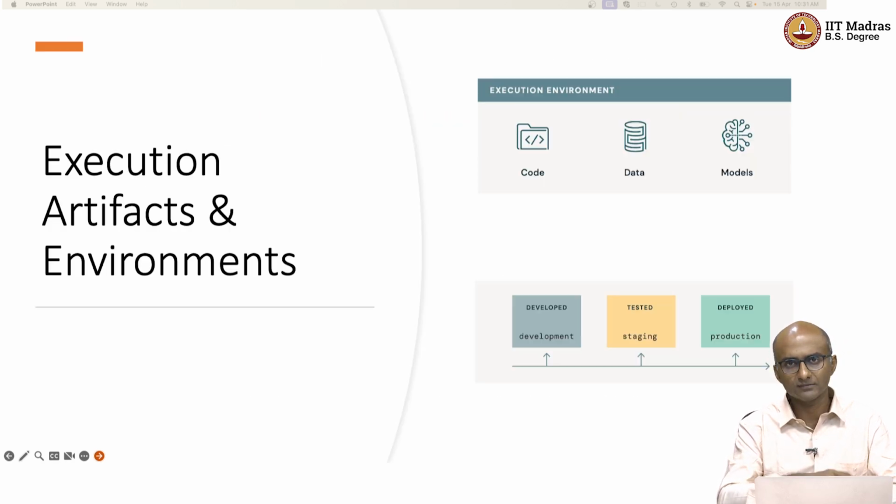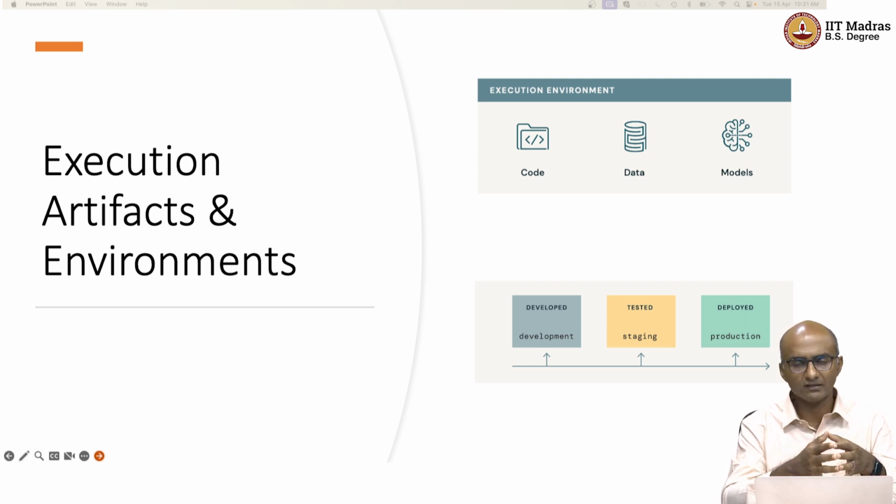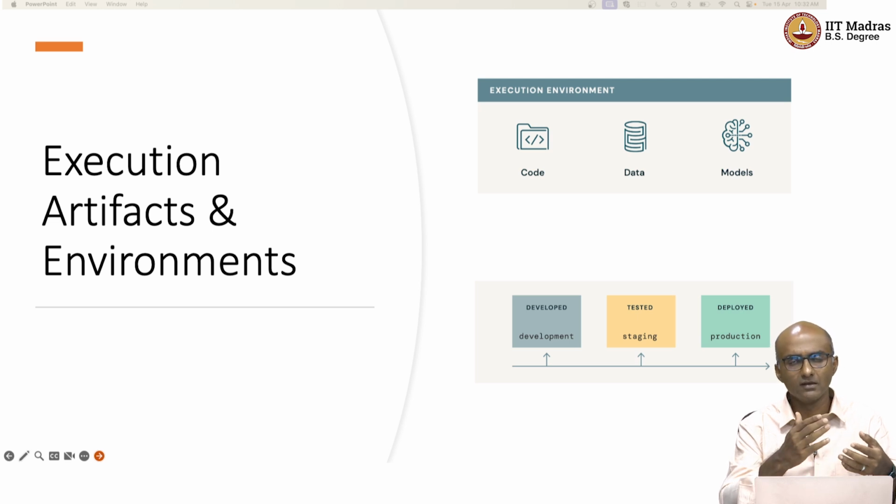So let's just take a step back and look at the artifacts that get produced using the model development lifecycle. First and foremost, the execution environment itself is a critical variable. Like we just spoke about, the environment comprises of operating system, the libraries, the dependencies, and things like that.